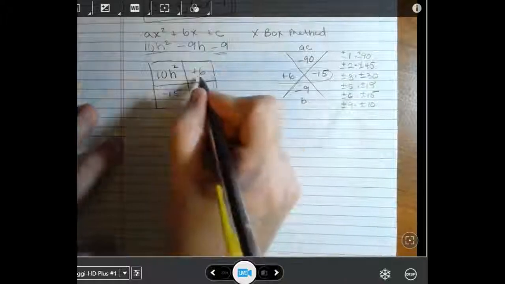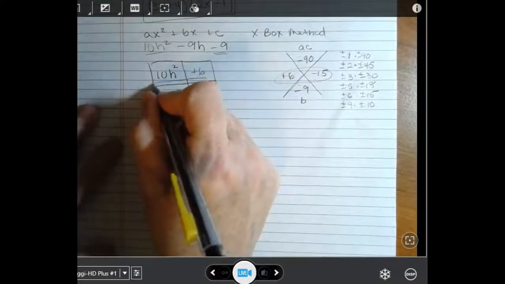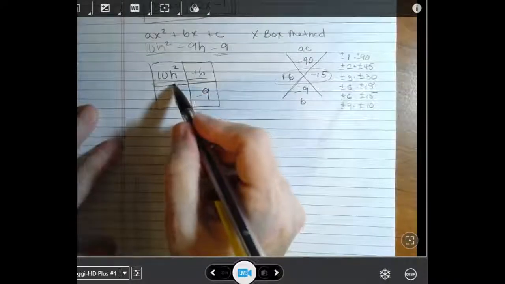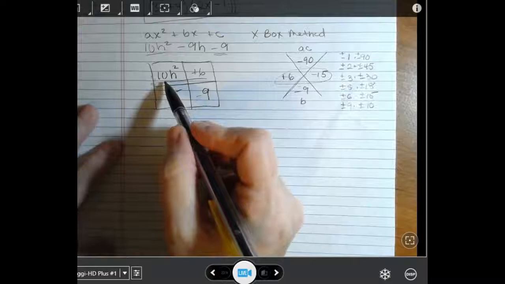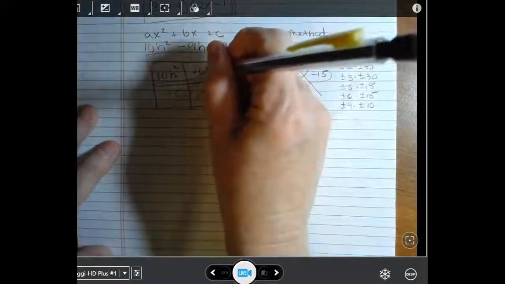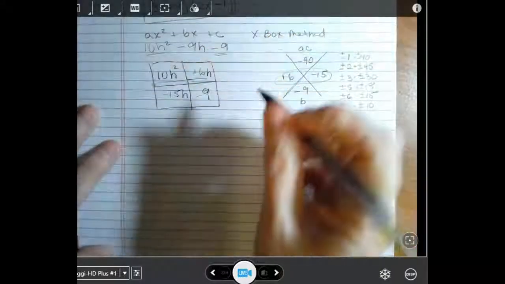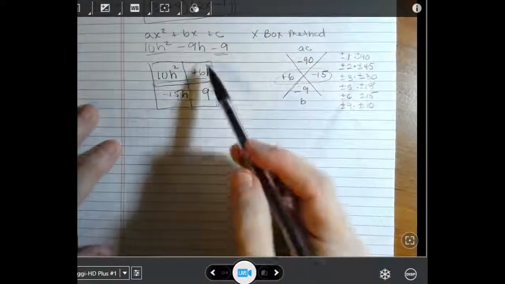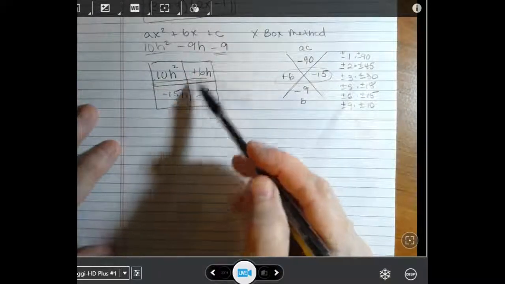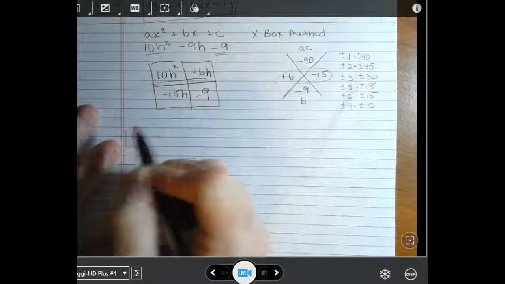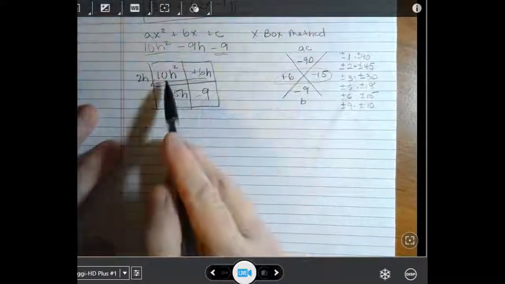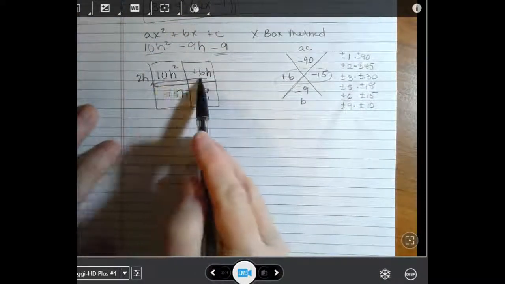Now we're going to factor the first row by its greatest common factor. What's my greatest common factor? Well, it looks like 2 is the only thing. Oh, excuse me, I forgot my h's. These will all also have the variable in there, because remember these two should give you the middle term, so I need that h. Now I can factor a 2h, because I can get an h out of both of these and a 2.